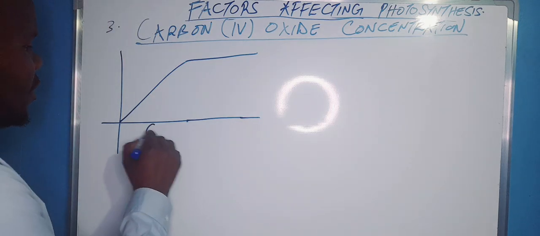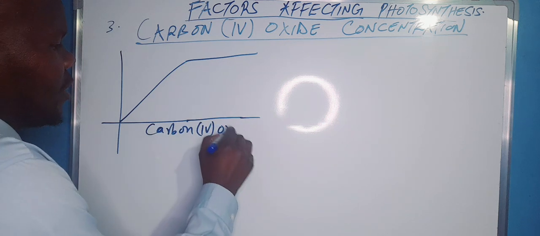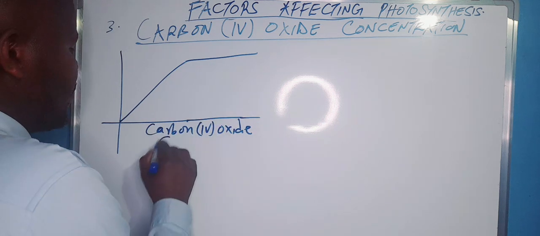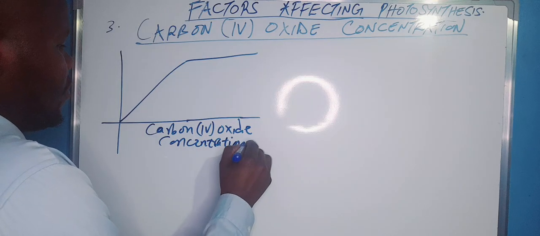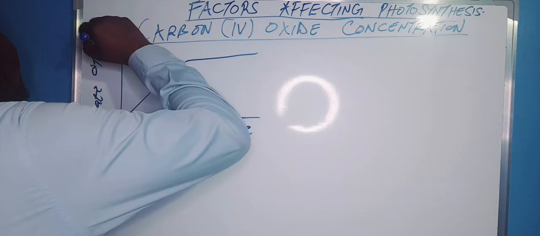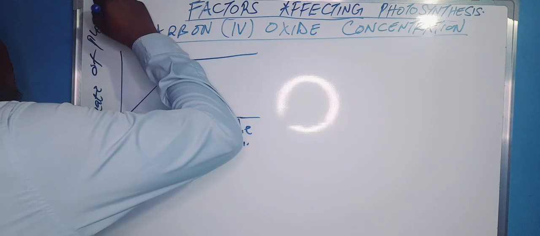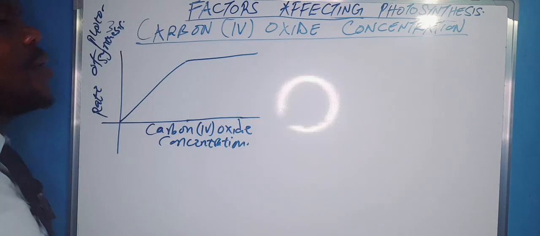So this is your carbon dioxide concentration, and this one is the rate of photosynthesis.